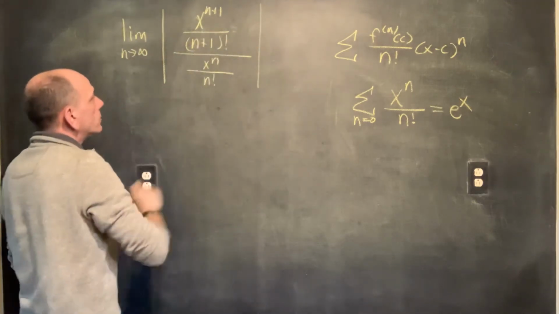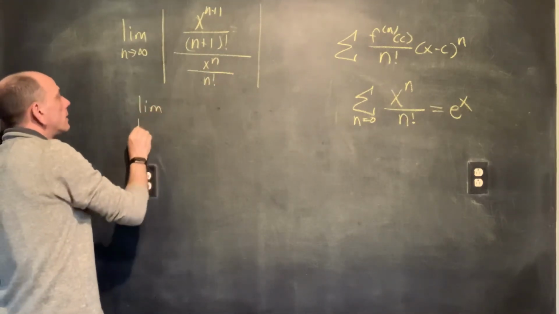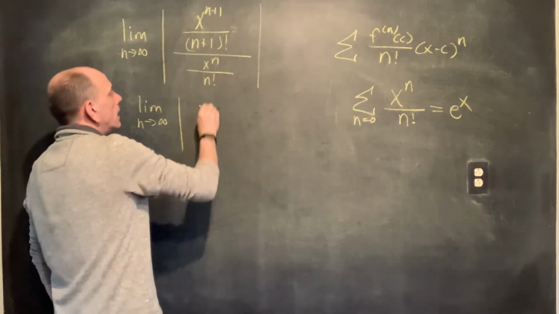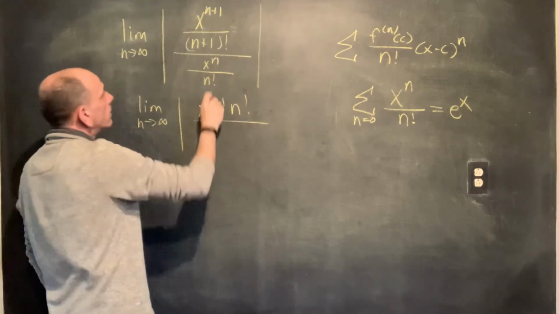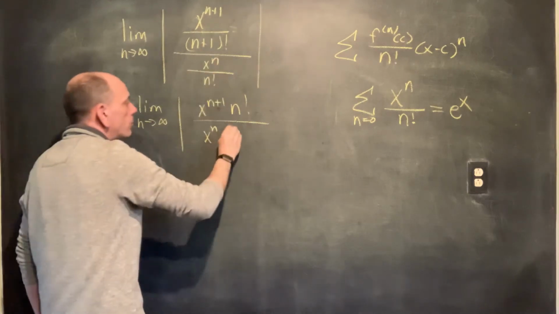So that's a sub n plus 1 over a sub n. That's the limit as n goes to infinity of the absolute value of x to the n plus 1. This will flip up, n factorial over. This will go here, x to the n and n plus 1 factorial.